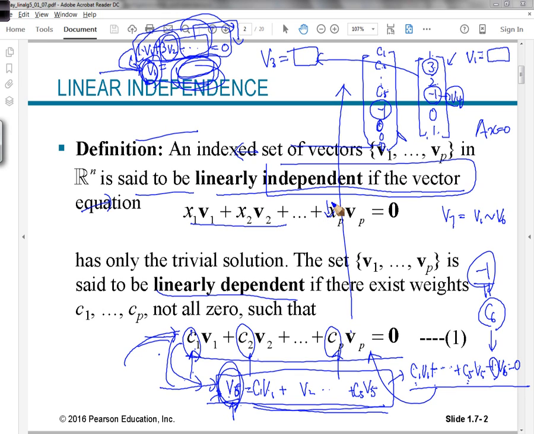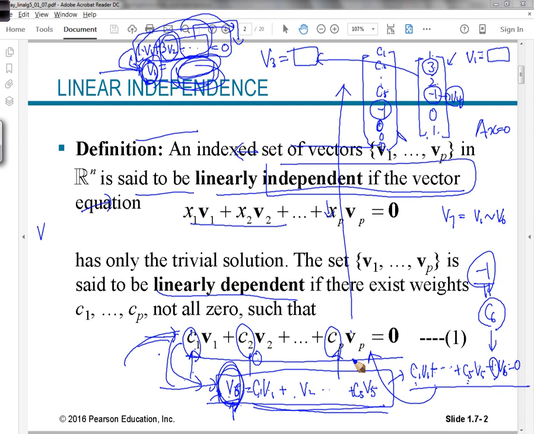Okay, and then let me ask one kind of tricky question. Let's remember what exactly the meaning of linear combination was. We were able to represent V6 as a linear combination of the others. But what about this case? V6 is equal to all zeros. So C1 is 0, C2 is 0, and C5 is 0.